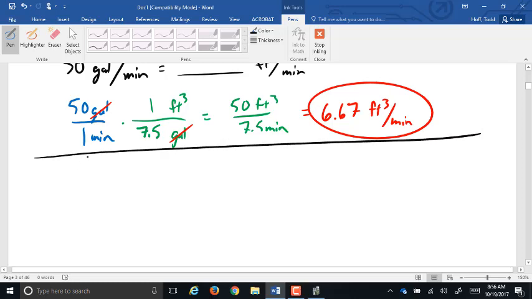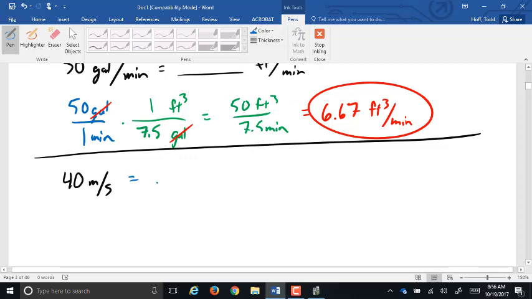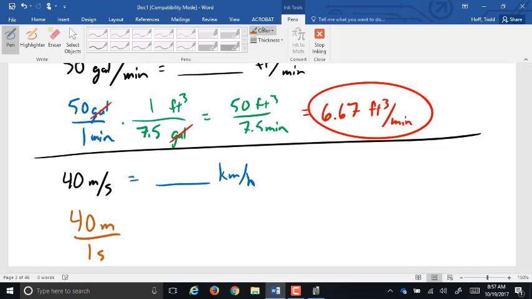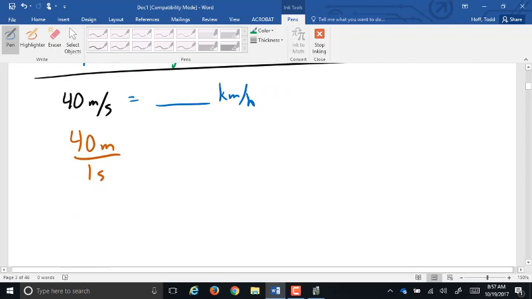Now, let's say it's listed as 40 meters per second, and I want to change that into kilometers per hour. It's 40 meters per 1 second. I have to change the meters to kilometers, but that's actually really simple. I do have to change seconds into hours.